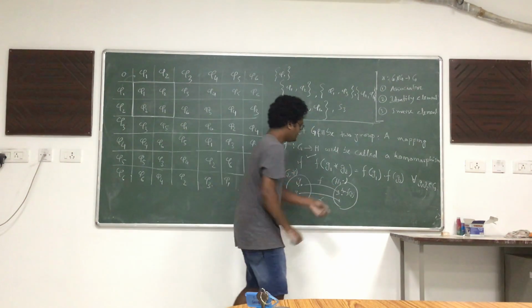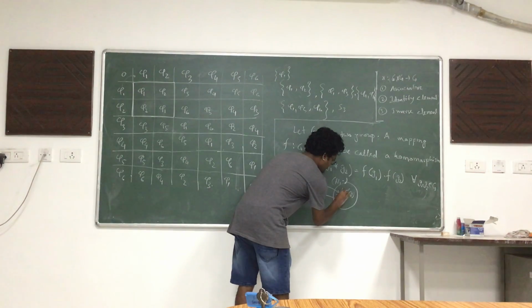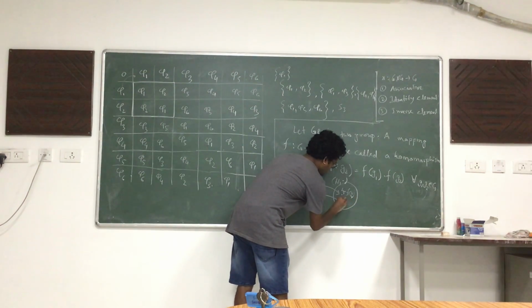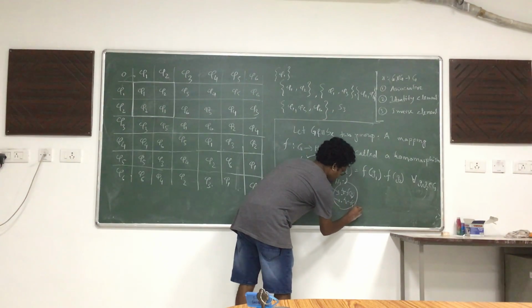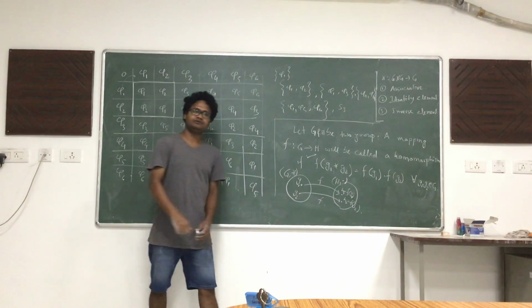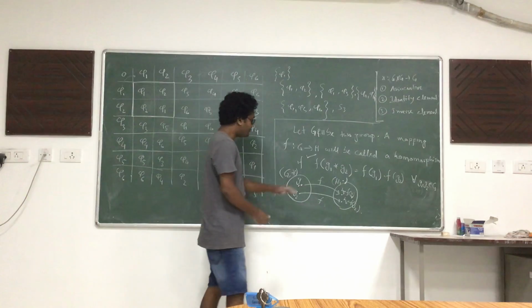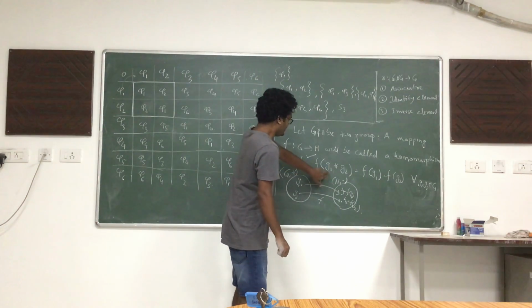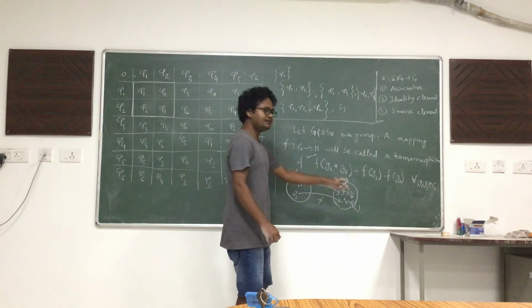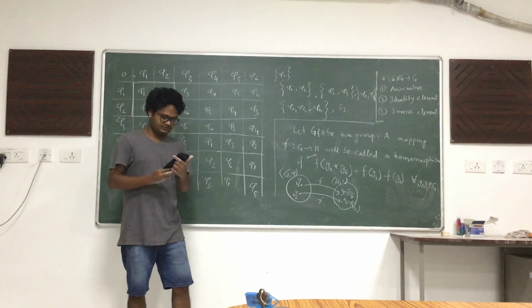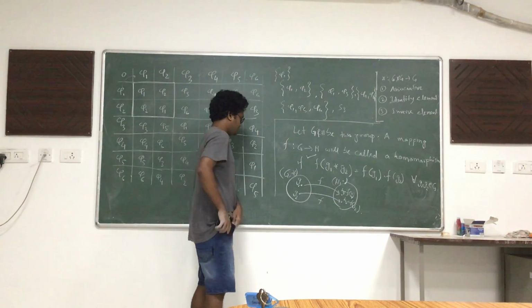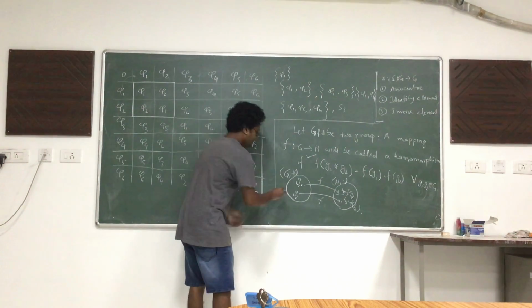So g1 goes to h1 and g2 goes to h2. Now, what this condition says: before sending to H, we can multiply g1, g2 here.